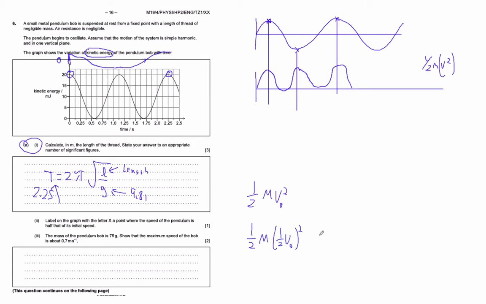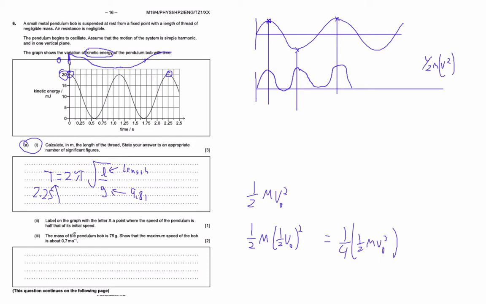That's just going to end up being 1/4 of 1/2 m v naught squared. The 1/2 squared becomes 1/4. If you cut the speed in half, you divide the energy by 4. So what is 1/4 of 20? You can just mark any place where the kinetic energy is 1/4 of 20, okay?